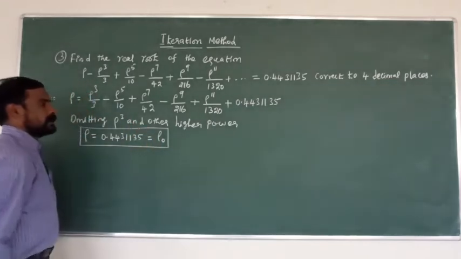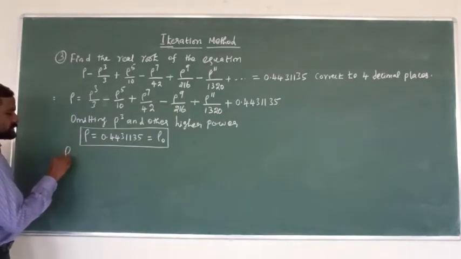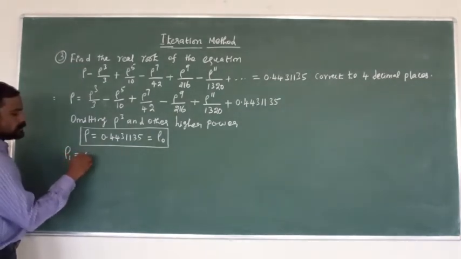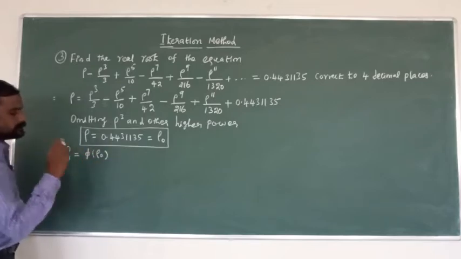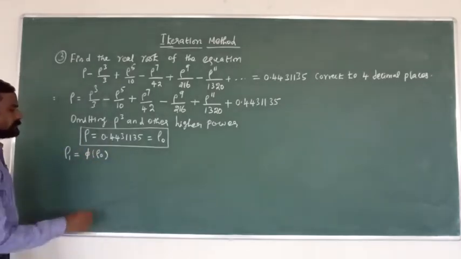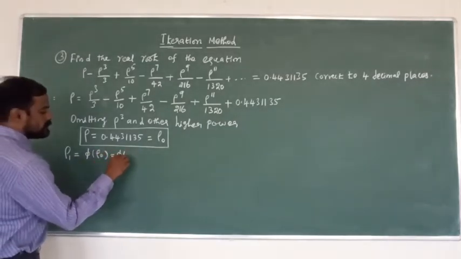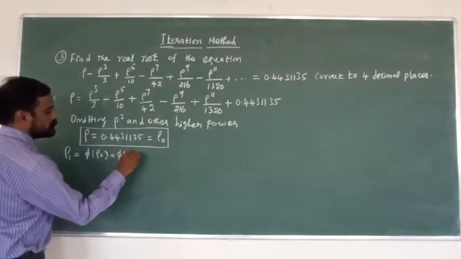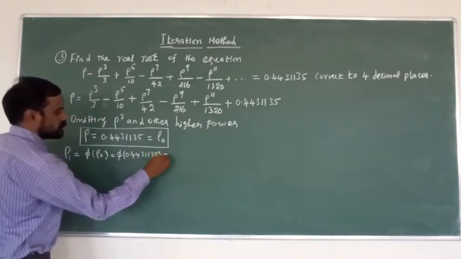Next, to find out the first iteration, for that rho 1 equal to phi of rho naught. Here phi of rho naught value is 0.443135.